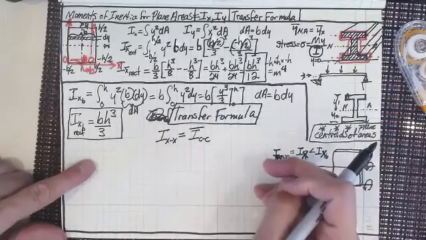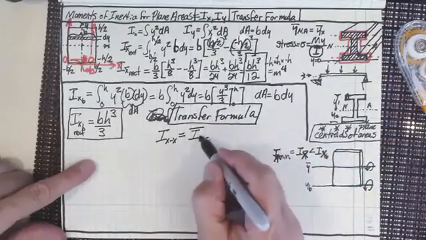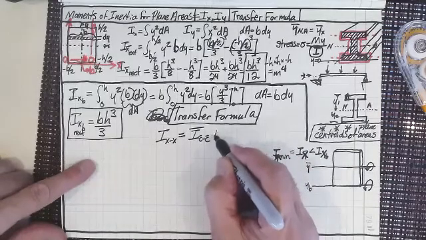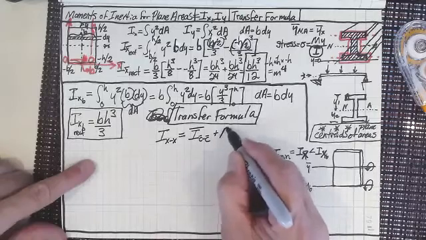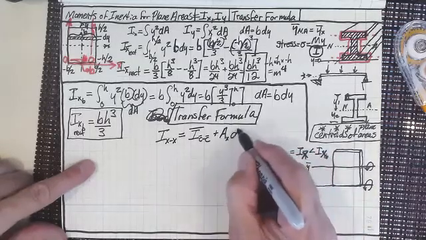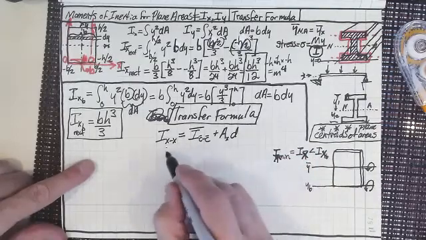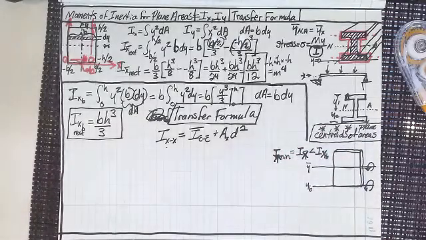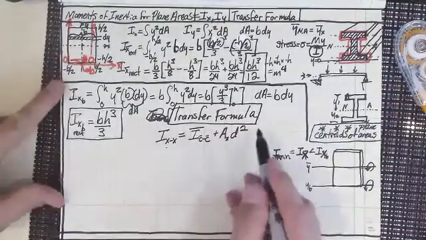A lot of times you'll see even a line over that, or you'll see lines over these sometimes, plus the total cross-sectional area times the distance between these two axes squared. All right, now let's apply it.